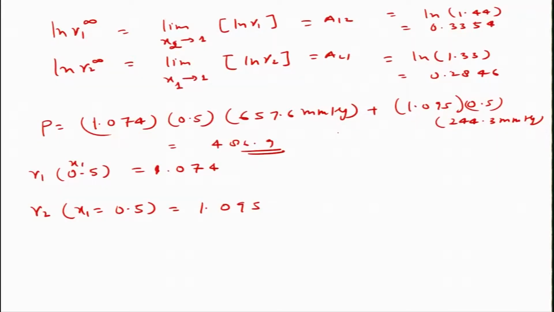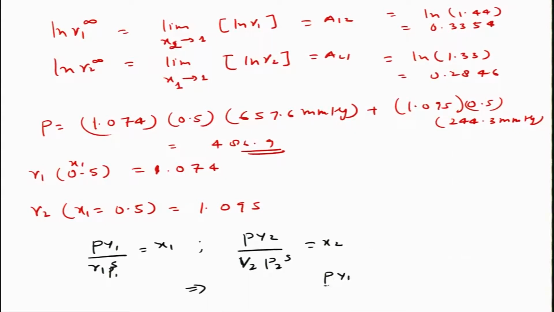So, we use again the dew point pressure to find out, and if you consider again the modified Raoult's law, it is going to be P y1 by gamma 1 P1 sat is equal to x1, right? P y2 by gamma 2 P2 sat is equal to x2. So here we are going to find out the y's, essentially the dew point. So we are going to get P y1 by gamma 1 P1 sat plus P y2 by gamma 2 P2 sat is equal to 1.